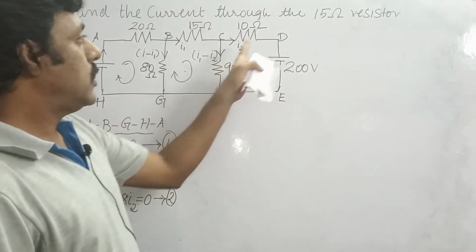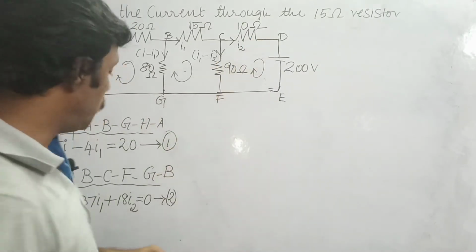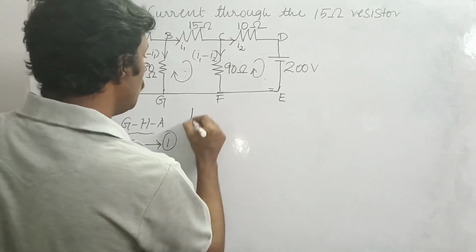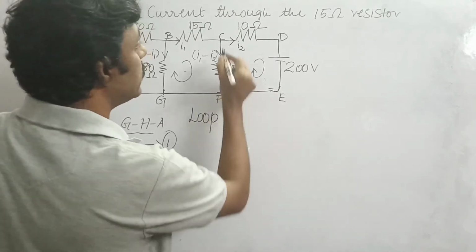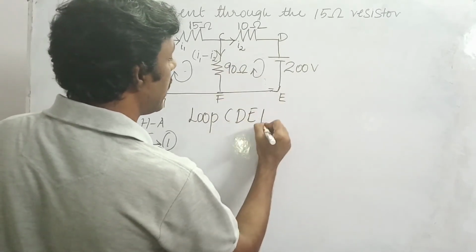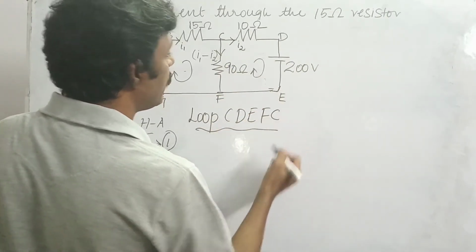Now let's consider the third loop, that is the final loop. I am writing it as loop CDEFC. This will be my final loop.